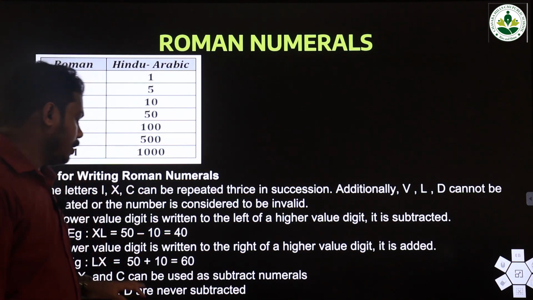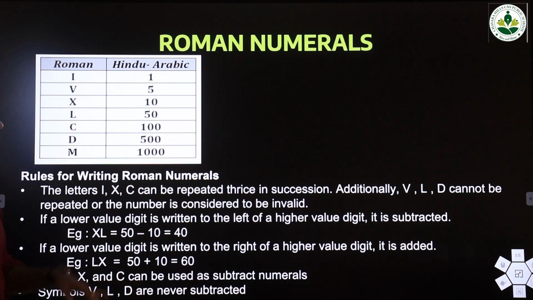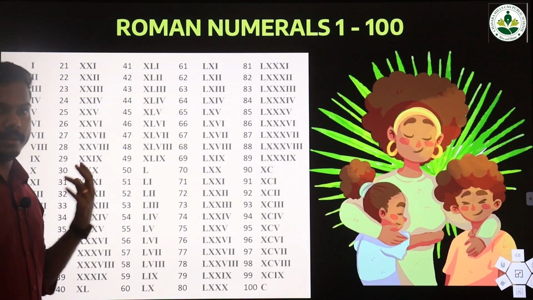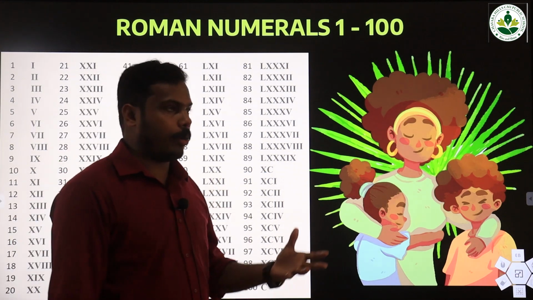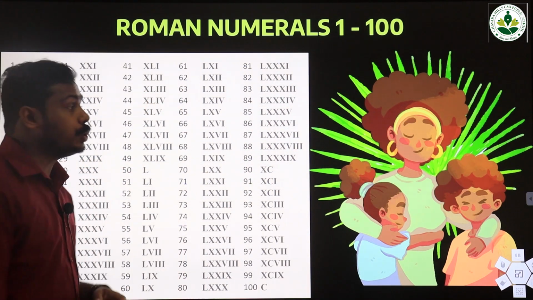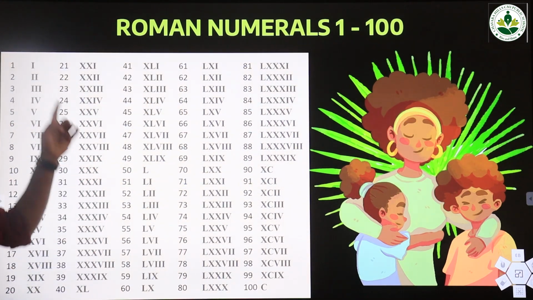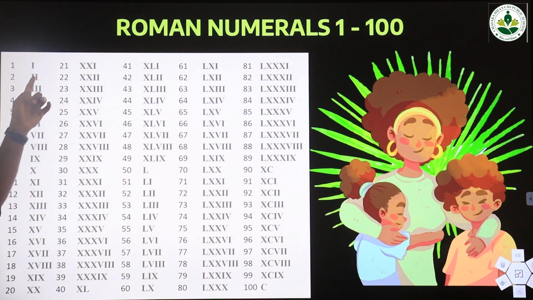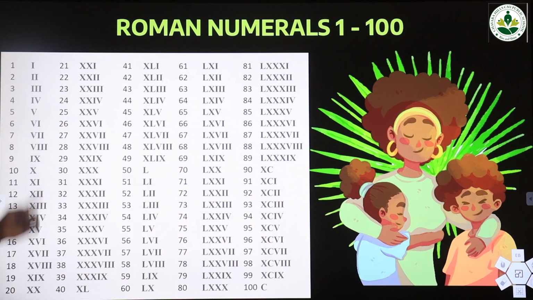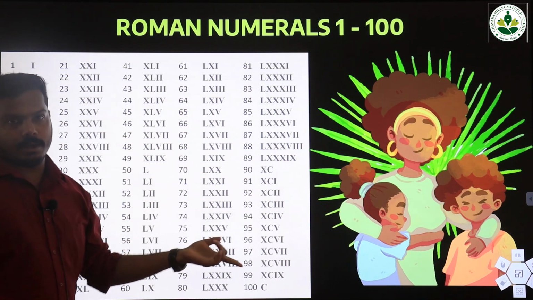We can't subtract V, L, D. Here they give the Roman numerals from 1 to 100. For 1 we use capital I. For 2 we use two I's. For 3, three I's. You know I and V up to 20, and study up to 100.